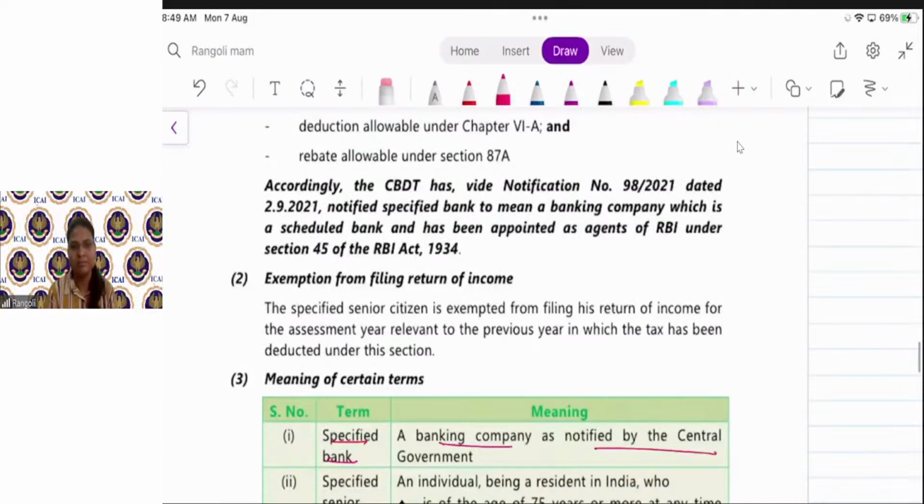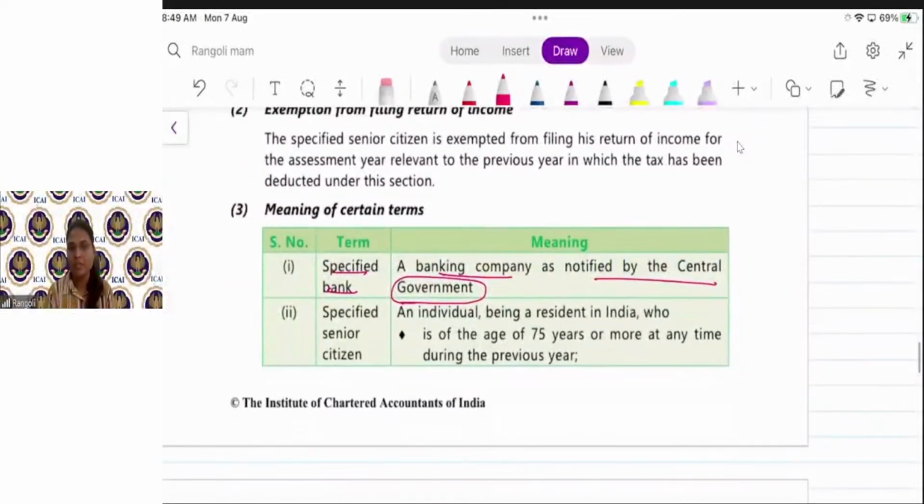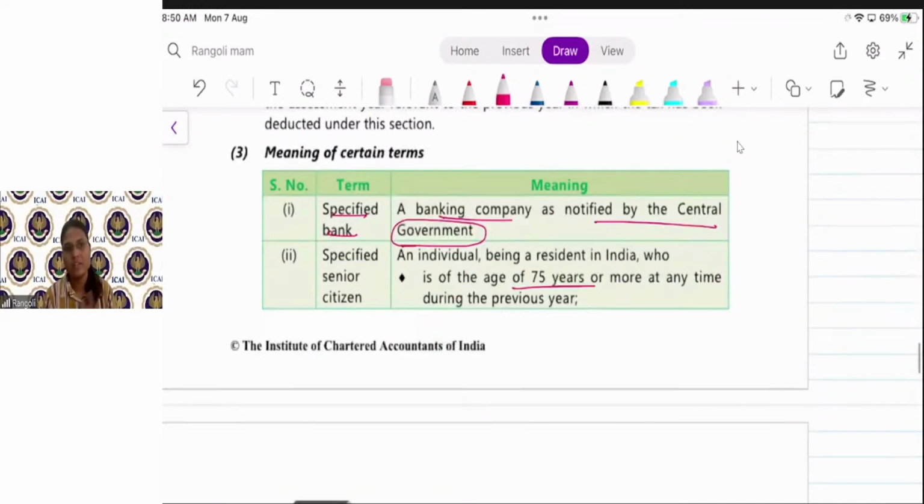And specified senior citizen means an individual being a resident in India. So the first condition is he should be resident in India, who is of the age of 75 years or more at any time during the previous year. So the age of that senior citizen should be 75 years or more for this particular section, okay? First is he should be resident. Second is his age is 75 years or more.